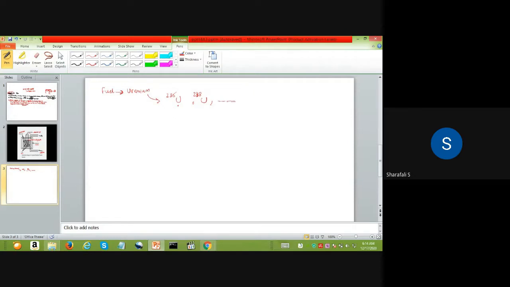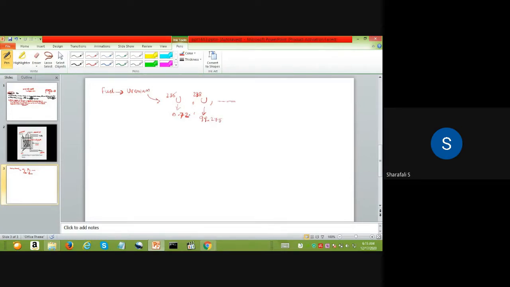So this uranium 235, how much will it be? It will be around 0.72 percent. Remember that this is only 0.72 percent. And uranium 238 will be around 99.275 percent, something like that.